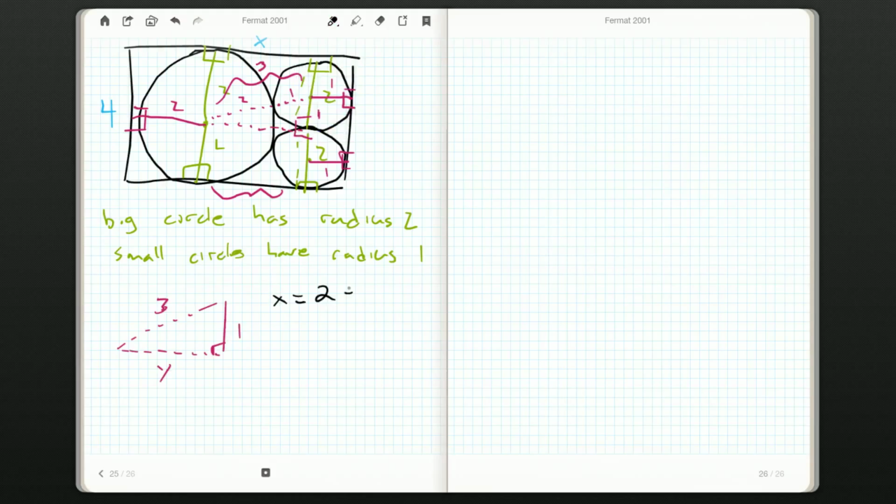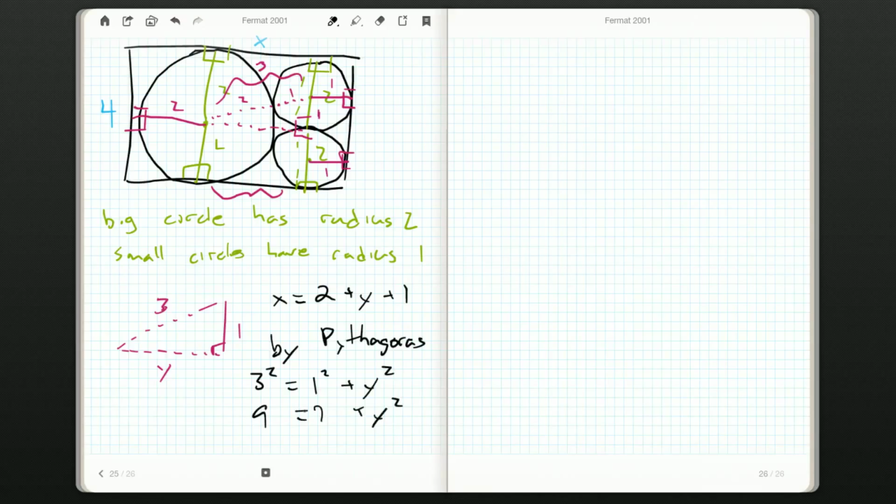So x is 2 plus y plus 1, and I know that by Pythagoras, hypotenuse squared is the sum of the other 2 sides squared. So that means 9 is going to be 1 plus y squared.